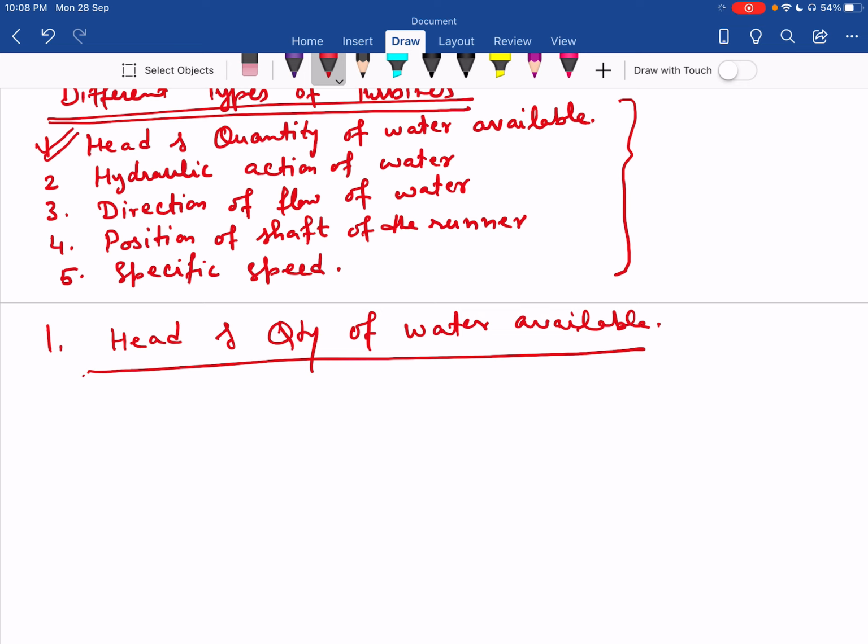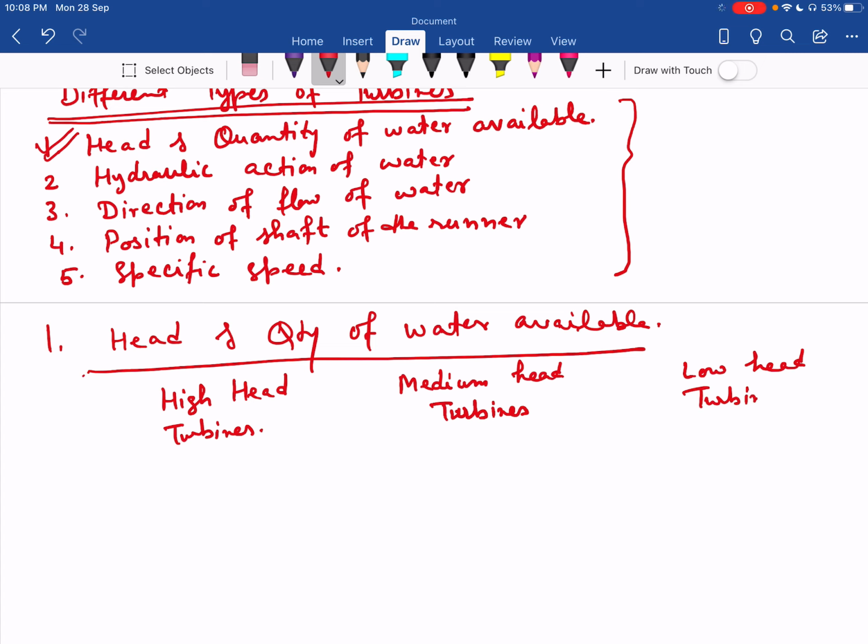One is high head turbines, second are the medium head turbines, and third are the low head turbines.